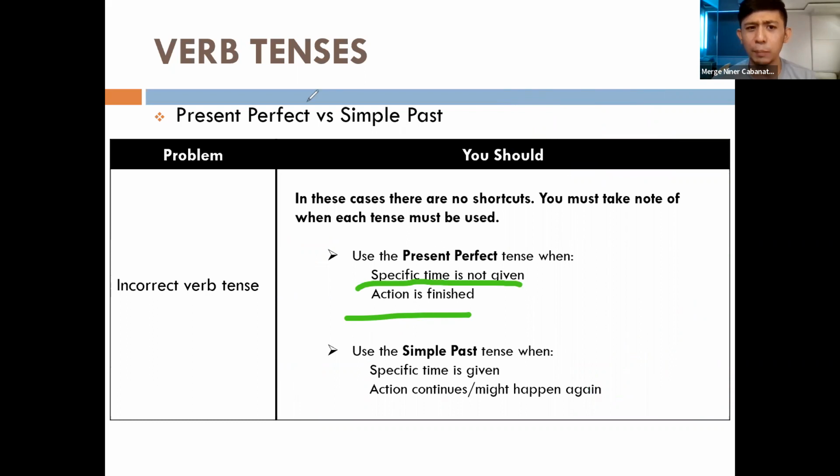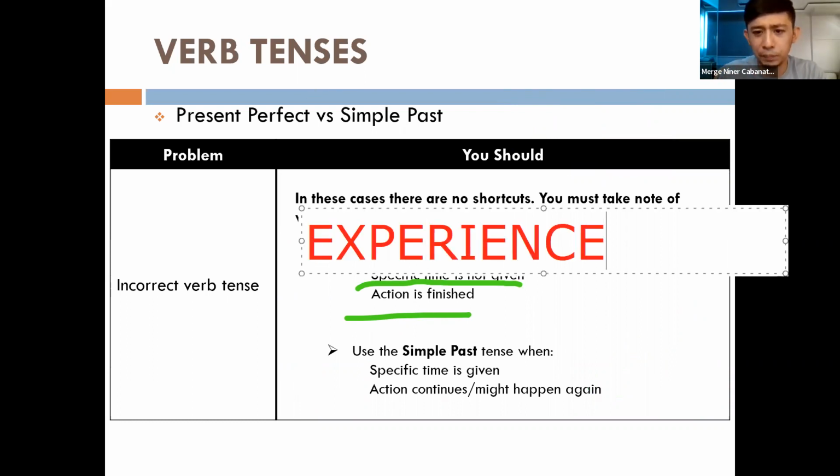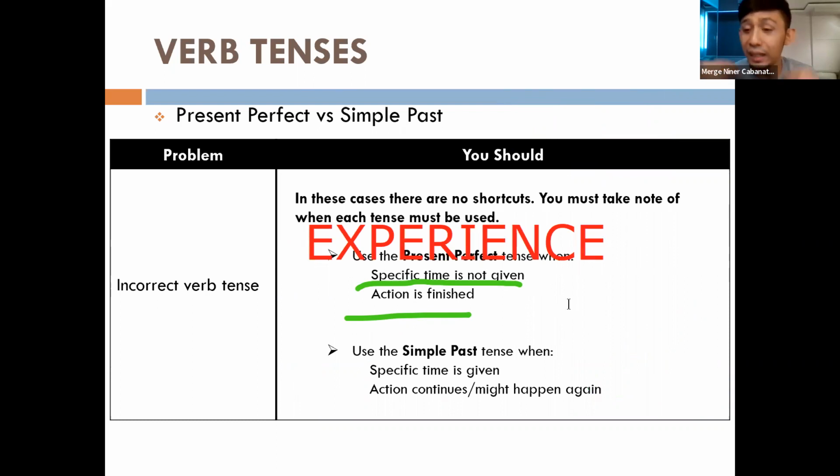Sort of, si present perfect, may kinalaman siya sa pagbibigay ng experience. Like you had that experience. So mostly, si present perfect, ginagamit natin more usually, ng mas madalas, sa speaking. Kasi sa speaking, dun tayo mas tinatanong ng mga experiences natin. Personal experiences, right?